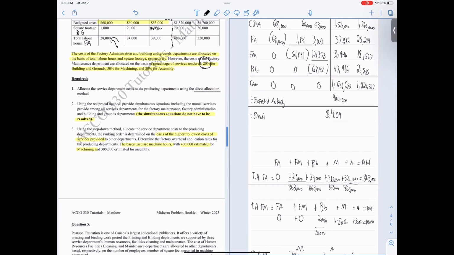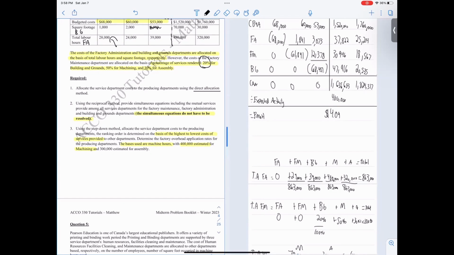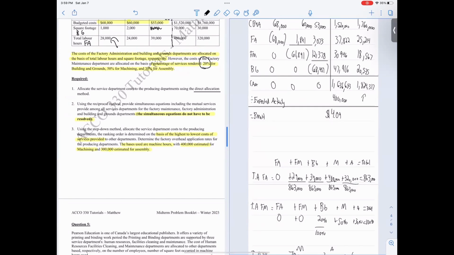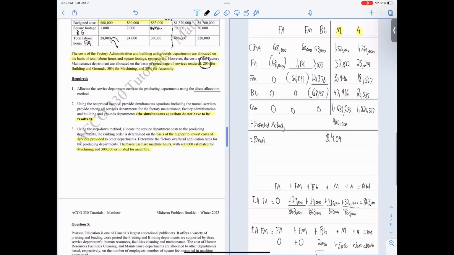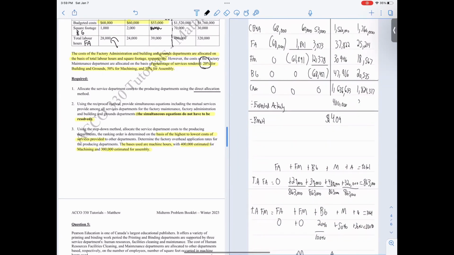That is your overhead rate for machining. Then for assembly, overhead rates are this easy. 1,824,317 is your cost after allocation for assembly, and your predetermined rate is based on 300,000 machine hours. So your rate per hour for assembly is 6.08.